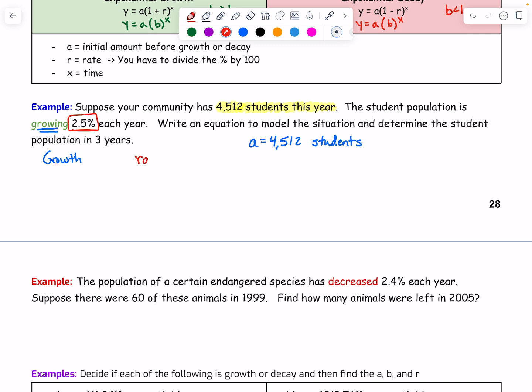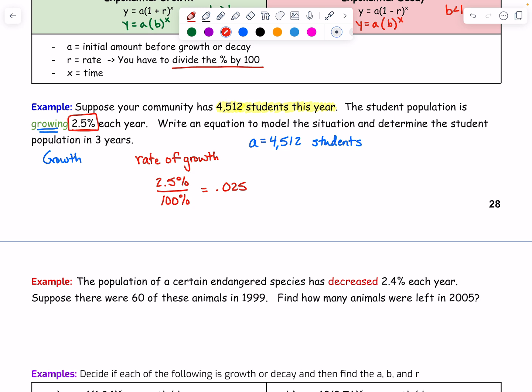So rate of growth, let's write that down, is 2.5%. But we need to write it as a decimal, so we have to divide it by 100, and that gives us 0.025 for our rate. Because our calculators just can't do percent, we've got to use a decimal. That's the main reason we have to convert that number.